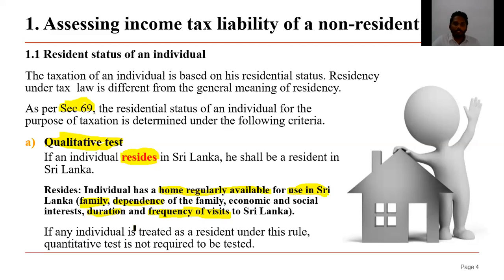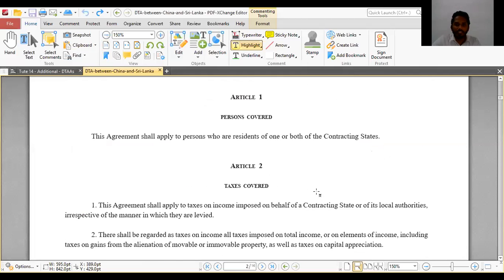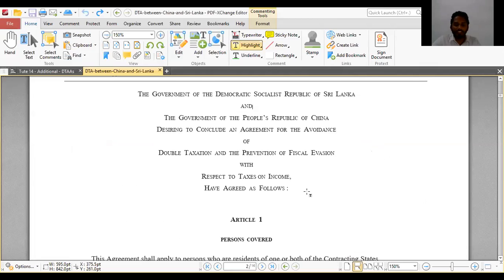Then if any individual... right, let me share, it's open. Here is the DTA, this is the DTA with China. Then you are going to identify residency as per the DTA.